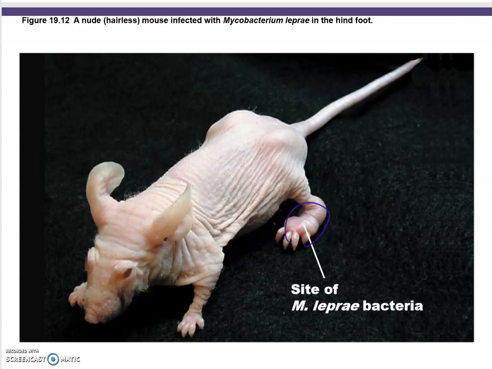These nude mice have no thymus, and because they have no thymus, they have no cell-mediated immunity. The immune response to infection by something like Mycobacterium leprae or Mycobacterium tuberculosis depends on cell-mediated immunity. So if you don't have cell-mediated immunity, that would be an important way to research or find out more about how the body handles an infection with Mycobacterium leprae in this case.